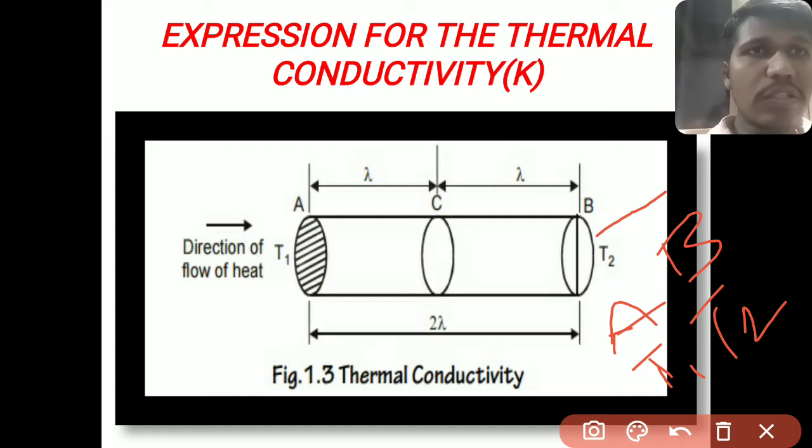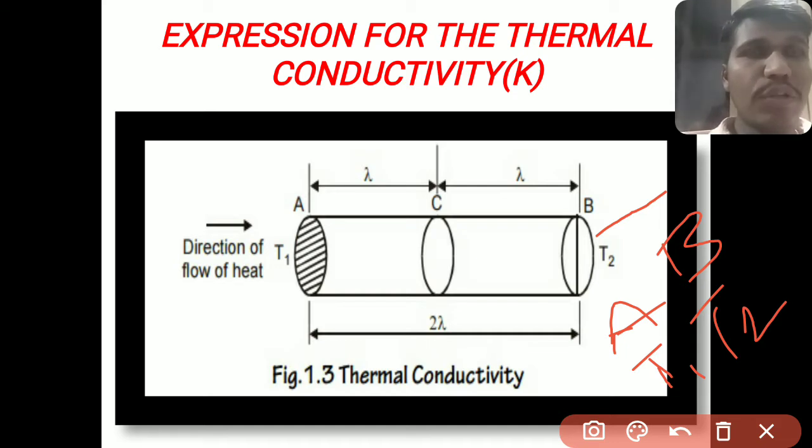In the construction, C is the center of the material, through which heat flows from temperature T1 to T2. The distance from A to C and C to B is defined as the mean free path, lambda, and the total is 2 lambda.